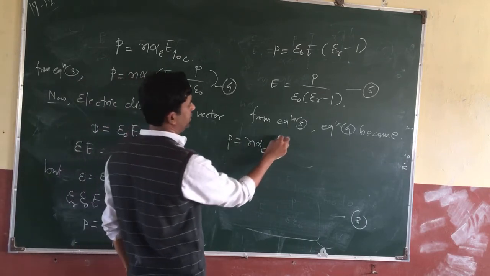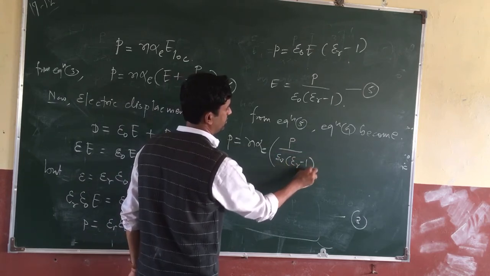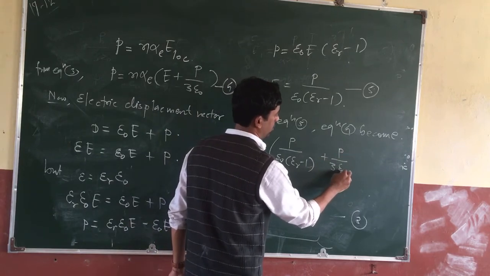What is the value of E here? P divided by epsilon naught times epsilon R minus 1, plus P divided by 3 epsilon naught.